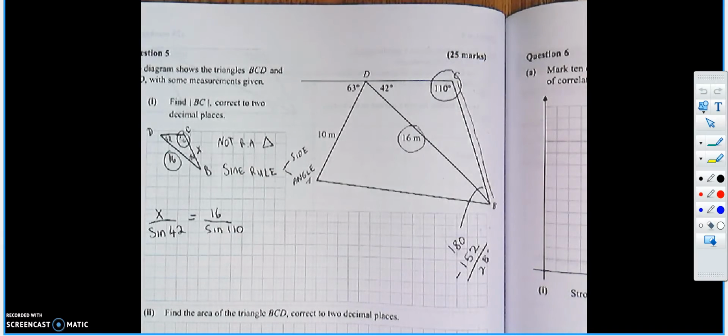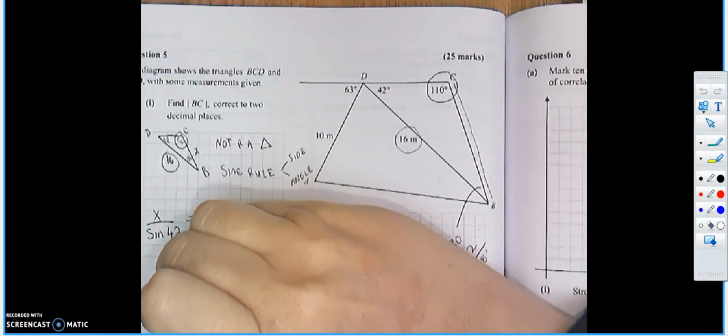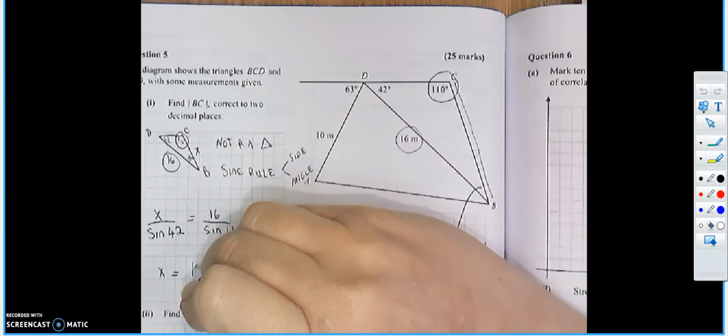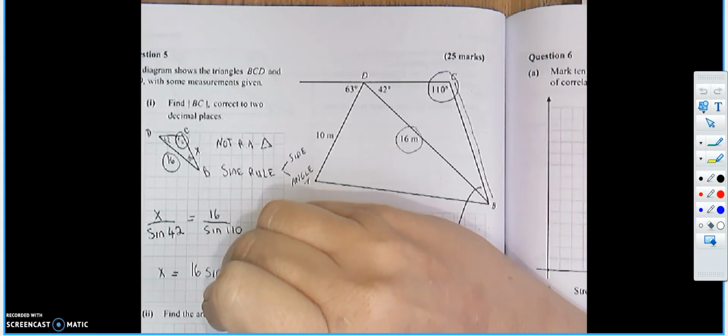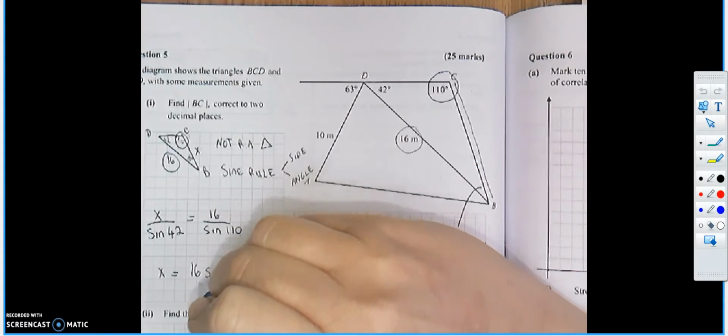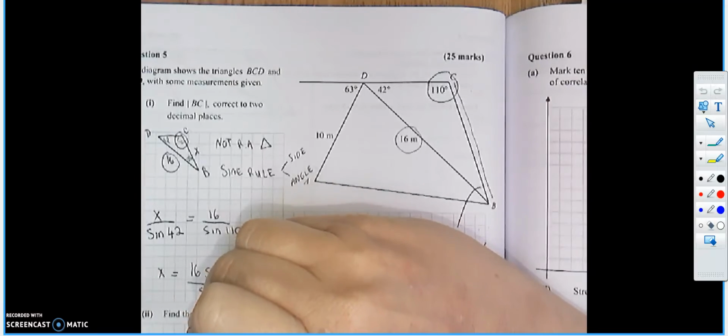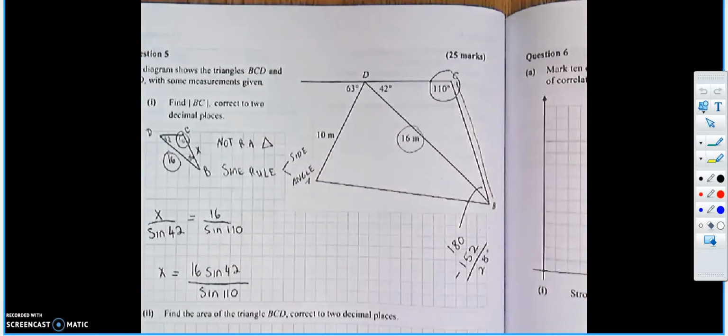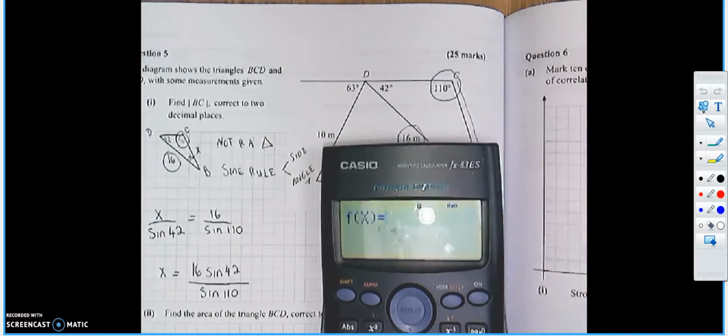So you plug that all in. We don't want x divided by sine 42, we just want x. So x is equal to 16 sine 42 all over sine 110.